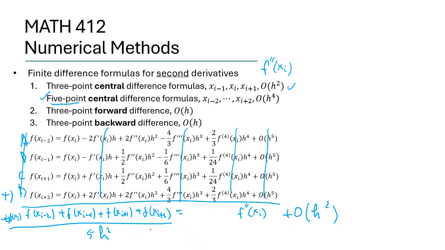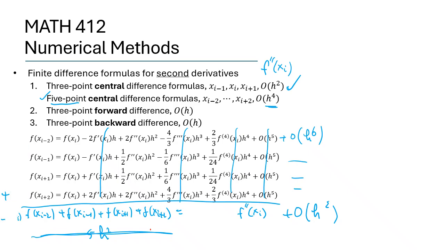Now you have big O of h to the 6th. That formula is more complicated than this one. If there is a solution, it will be better than big O of h to the 4th.